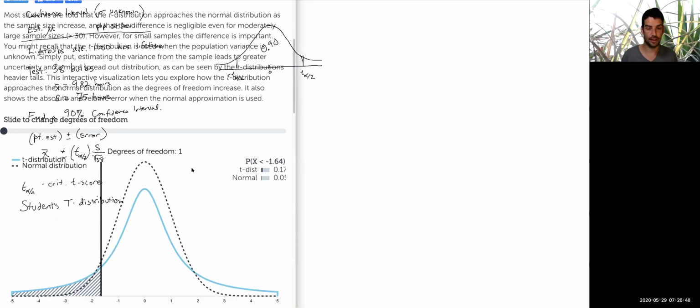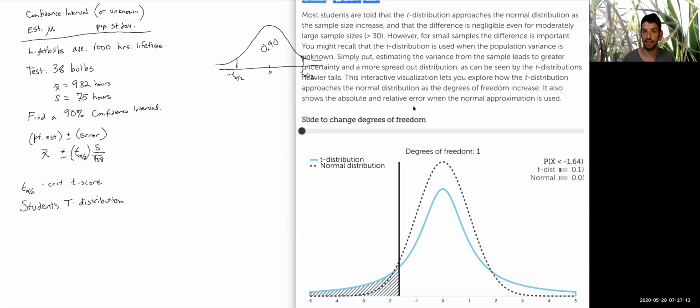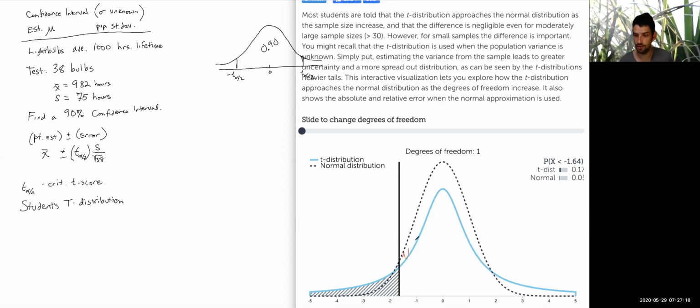So here is a picture. The blue line is the t distribution. The dotted line is a normal distribution. Notice that they have a similar shape, but there's more area away from the mean, right? If you look at the blue graph, the t distribution is missing all of this area in here, right?